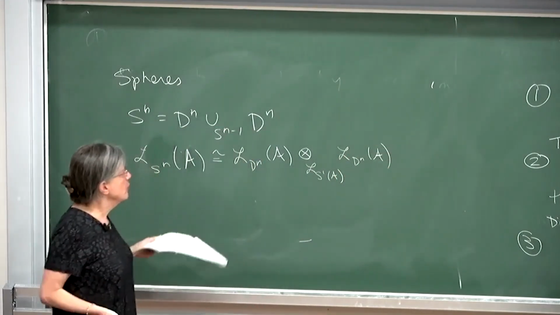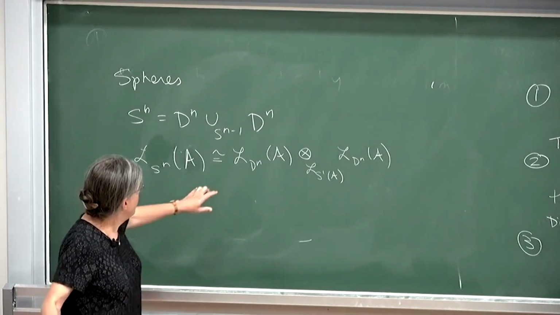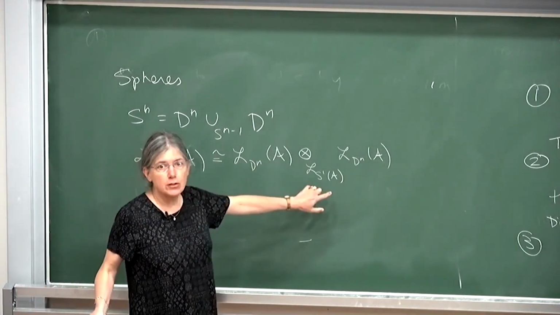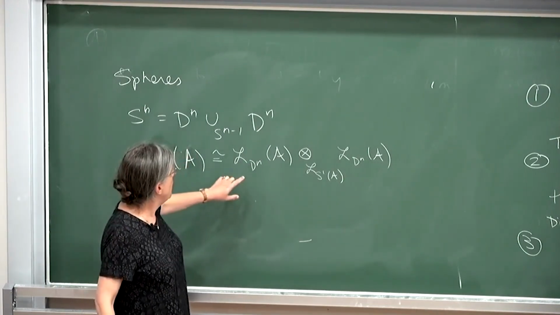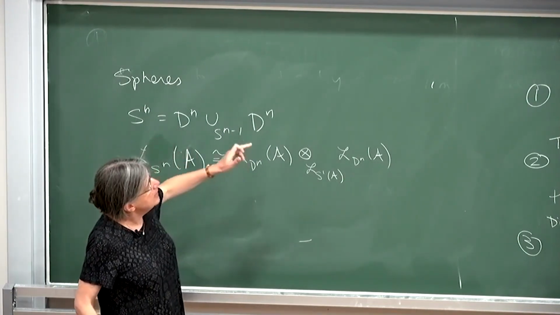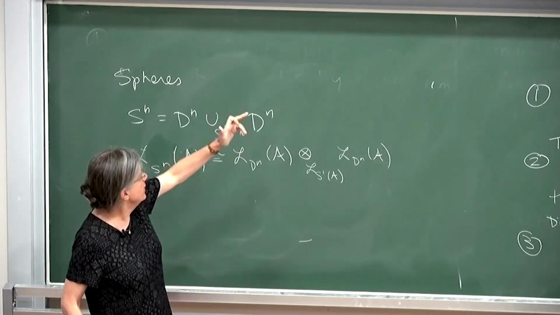But if A is, for example, projective over K, then this is cofibrant over this. And on the other hand, D^n is homotopy equivalent to a point.